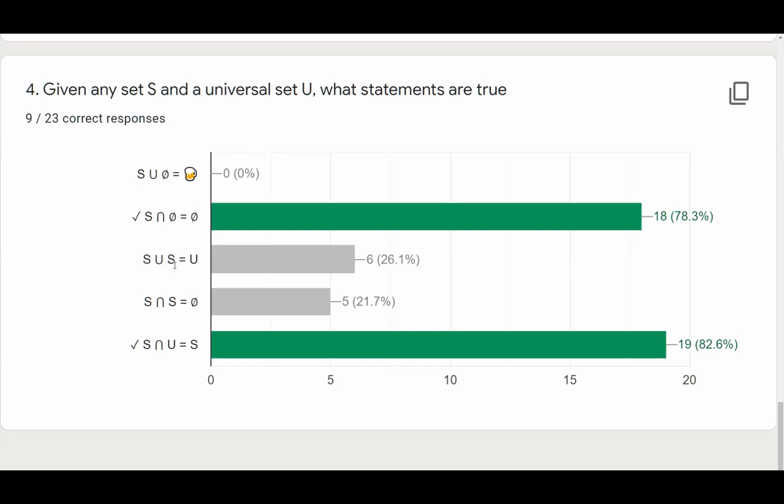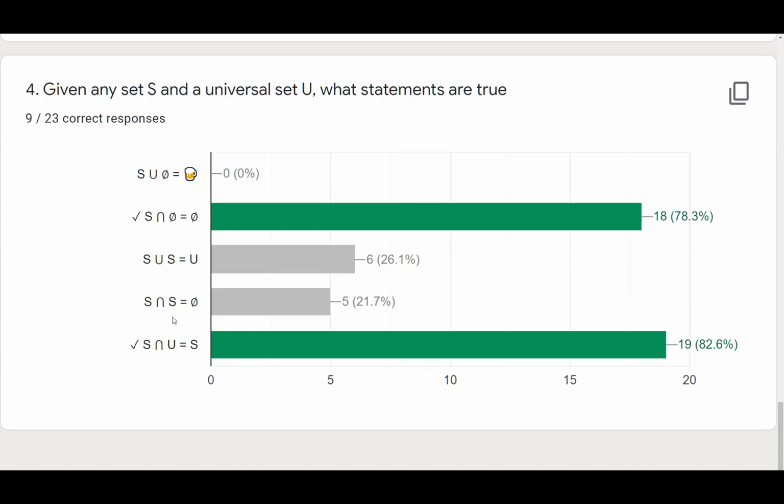S union S equals a universal set. 6 people thought that was true. S union S equals what? S. Good. S union with itself is itself. So it's not a universal set.